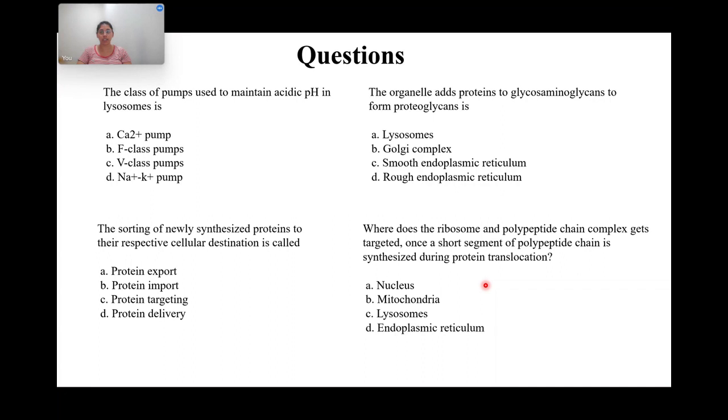And the fourth is COP2 vesicles, which are responsible for the movement from endoplasmic reticulum to Golgi. COP1 is for the opposite direction, from the Golgi apparatus to the endoplasmic reticulum, when proteins are detected for further folding or proper guidance to the protein folding requirement.